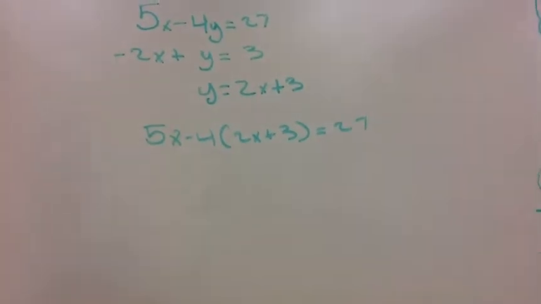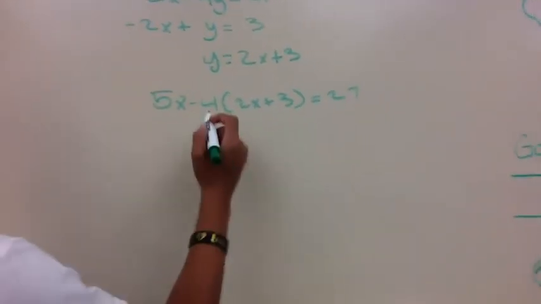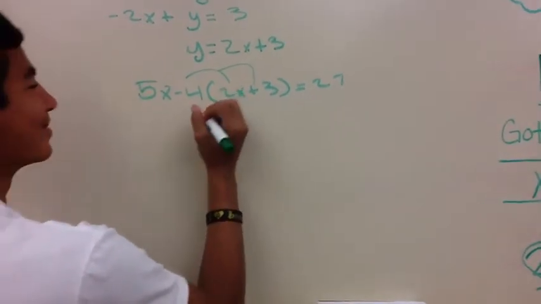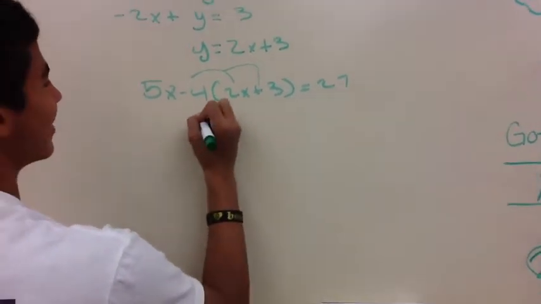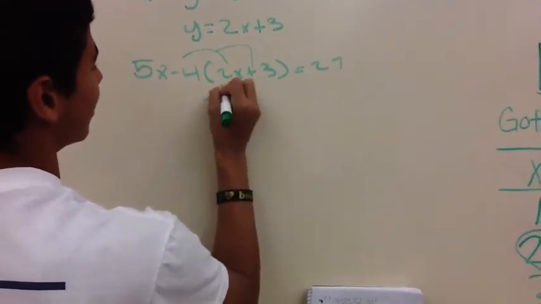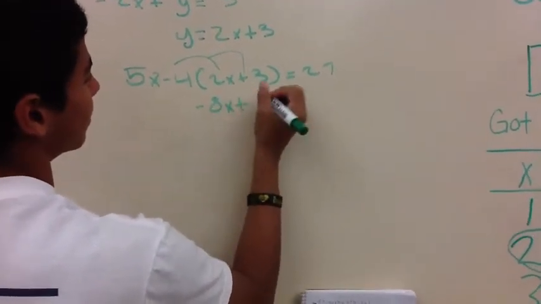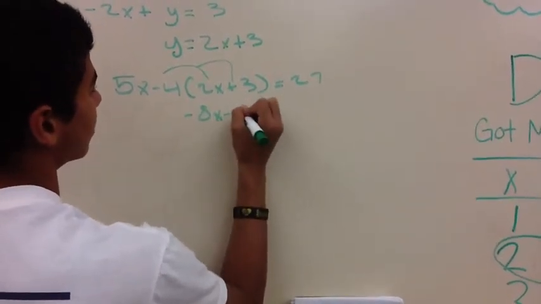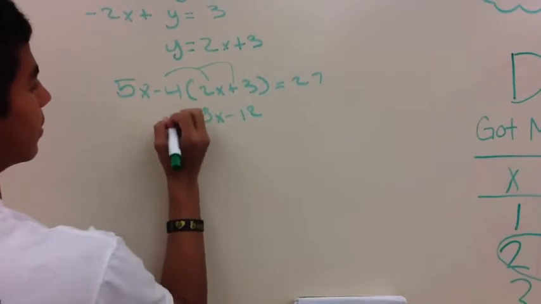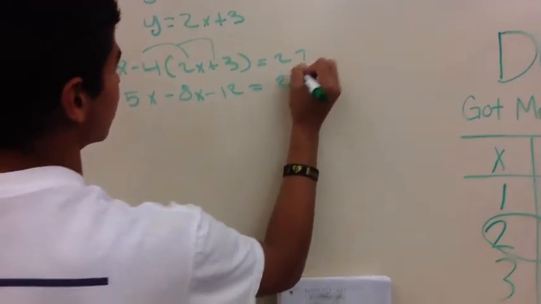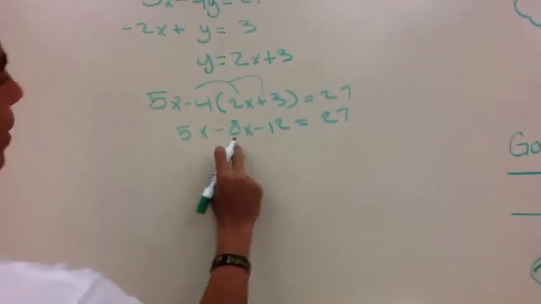And so during PEMDAS we have to multiply. Use the distributive property. So we have to combine like terms.